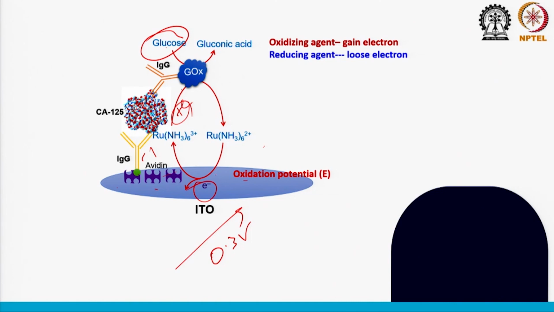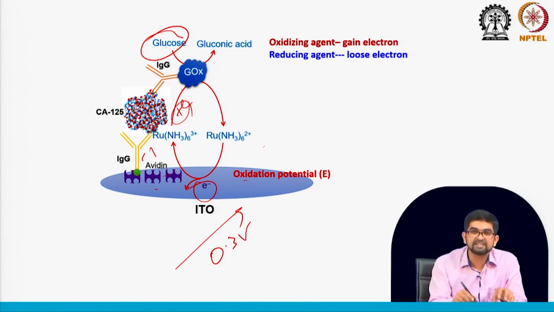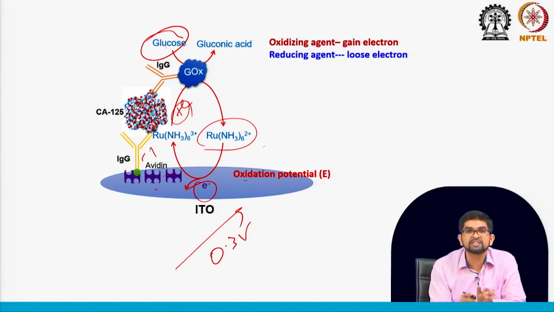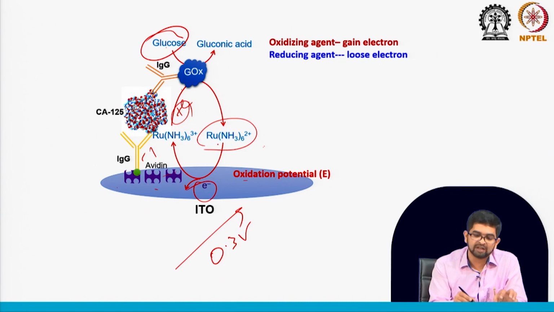So, this cycle reaction happens again and again on the sensor surface, and it shows ruthenium hexamine 3 to 2, 2 to 3. So, kind of it is reproducing. So, redox cycling is basically helping to make the kinetics faster by reproducing the mediator on the sensor surface, clear, and you will get the faster electron transfer.